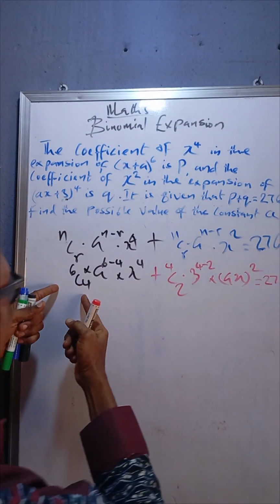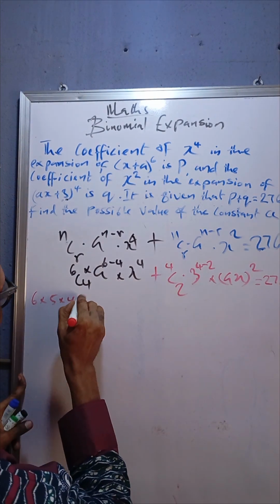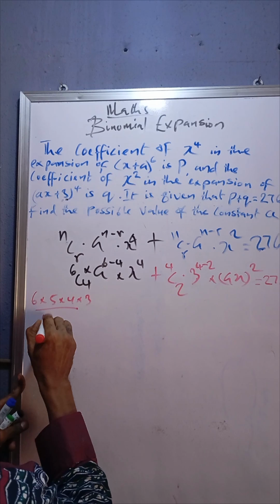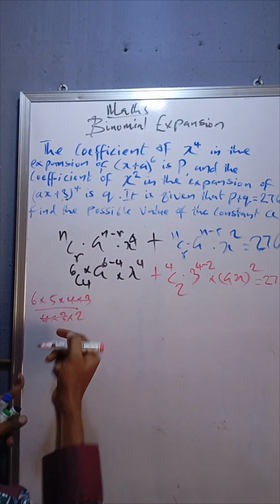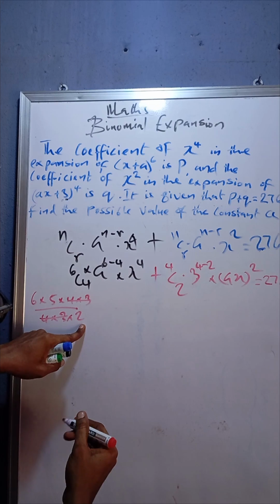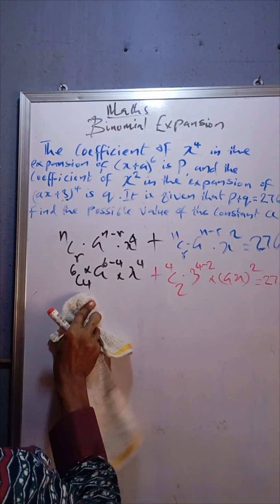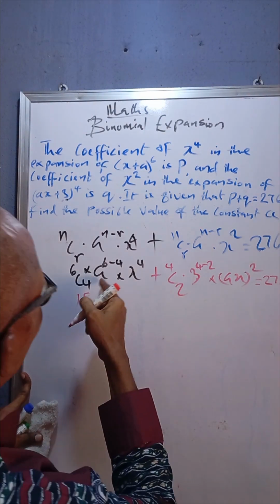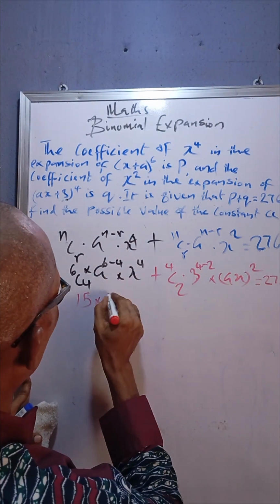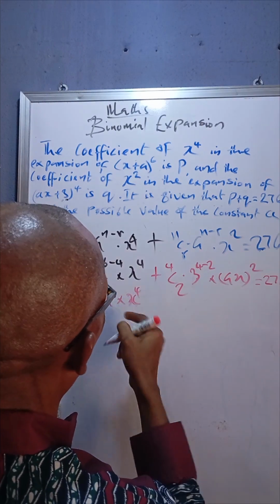So what's 6 combination 4? It gives you 6 times 5 times 4 times 3 over 4 times 3 times 2, the 4 times 3 cancels out. 6 times 5 is 30, divided by 2 is 15. So 6 combination 4 is 15, times a raised to 6 minus 4, which is 2, so a squared x to the power 4.